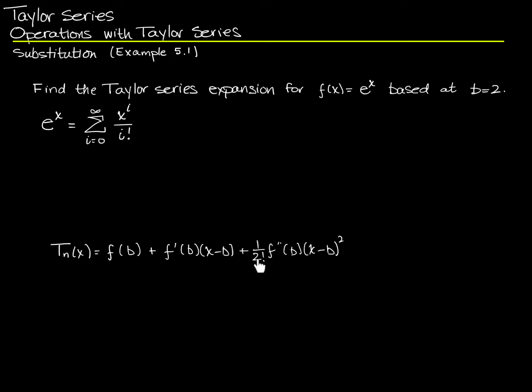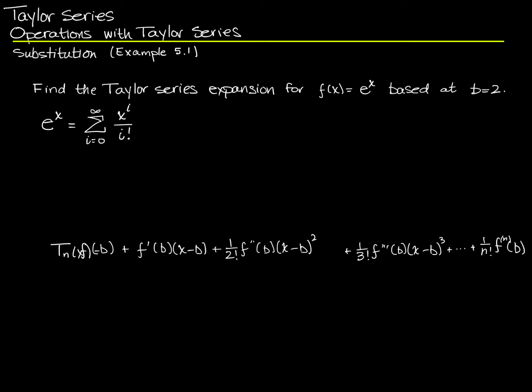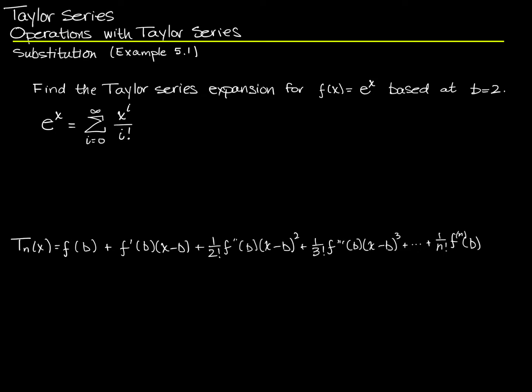Plus 1 over 3 factorial f triple prime evaluated at b times x minus b cubed, and so on up to the nth term, 1 over n factorial times the nth derivative evaluated at b times x minus b to the nth power.